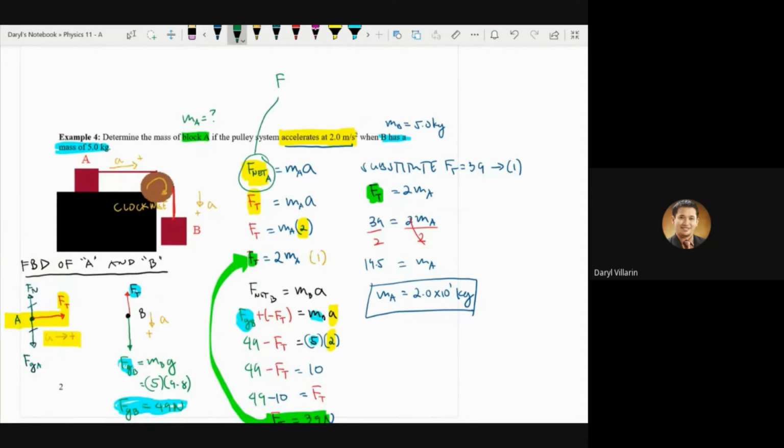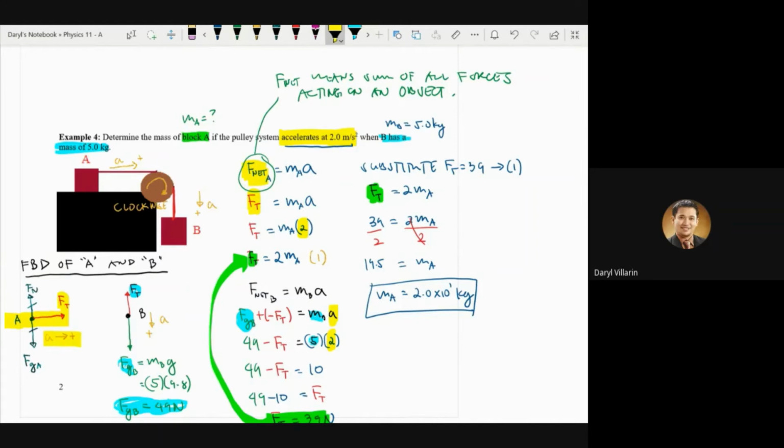F net means the sum of all forces acting on an object. So you just take the sum. So it's the sum of all the forces acting on an object.